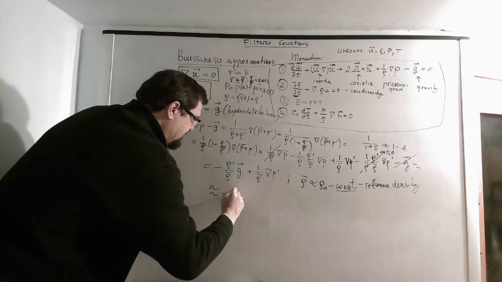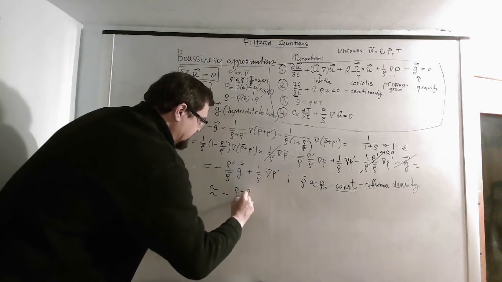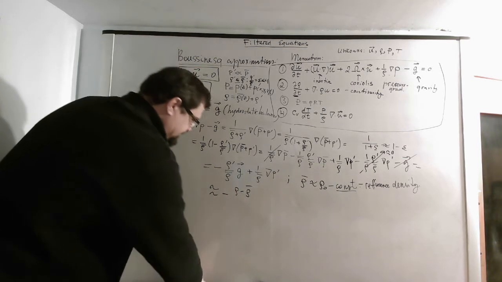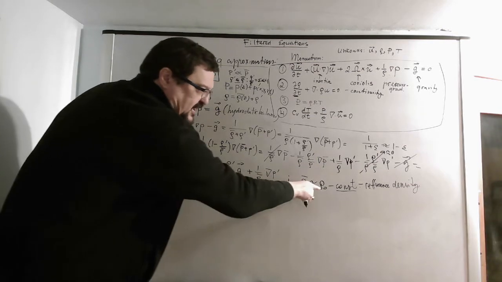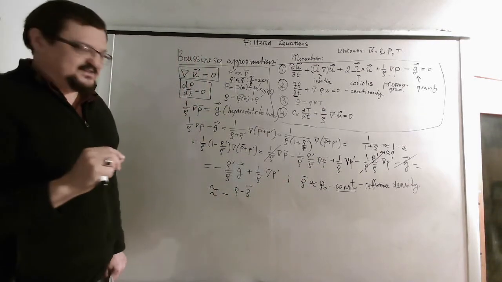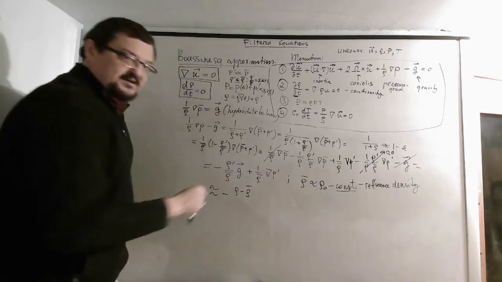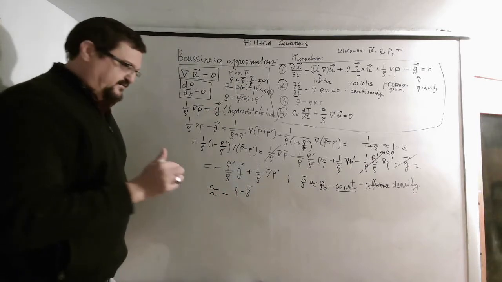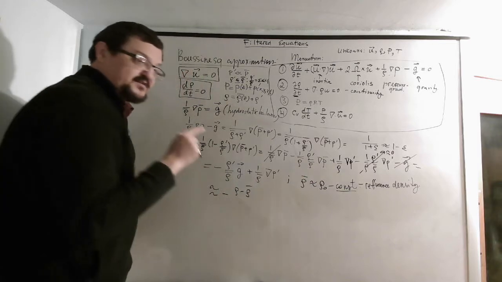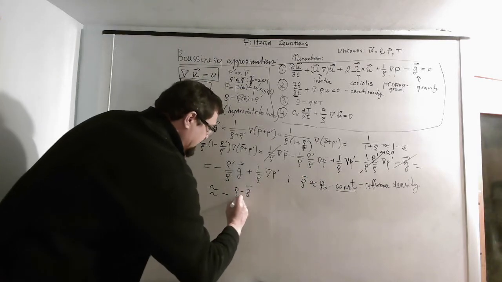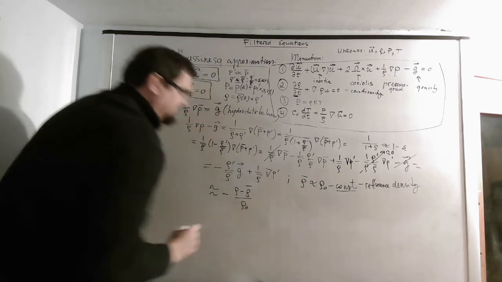And so you can approximately write it as rho prime, where rho prime is computed with respect to the reference profile, not to rho naught. People sometimes make this mistake in their models. This one is computed with respect to the reference profile of density, not the reference density, but you can divide it by the reference density.